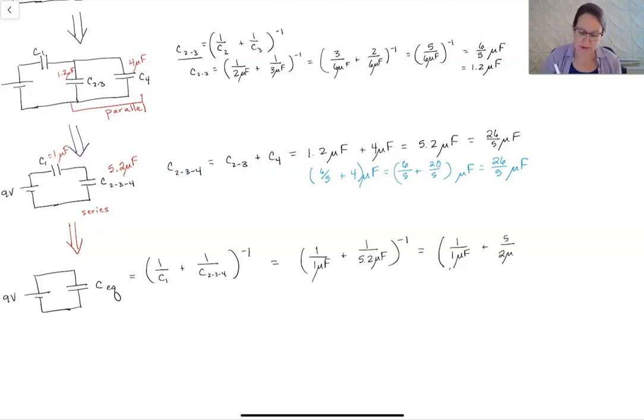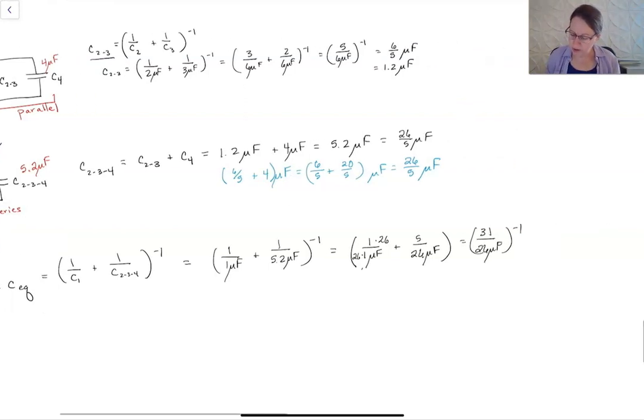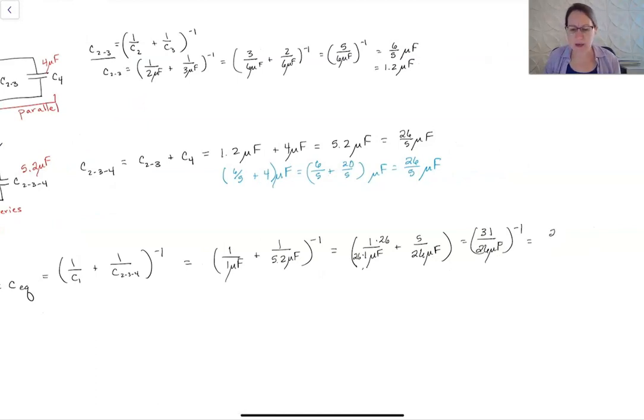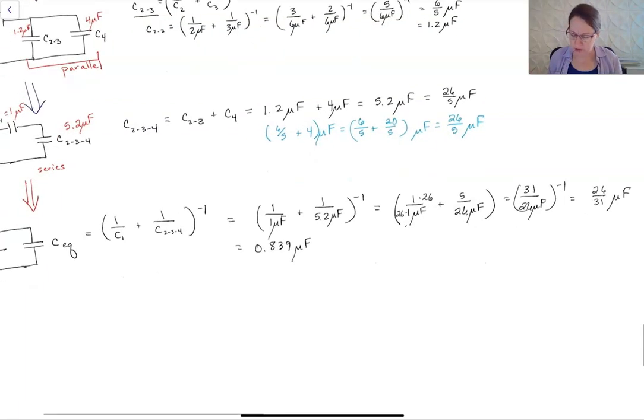With a common denominator I get 31 over 26 microfarads to the negative 1, or this is 26 over 31 microfarads, which is maybe not the most useful way to look at it. If you plug it into your calculator, at least when I did it, you get 0.839 microfarads, or 26 over 31 microfarads.